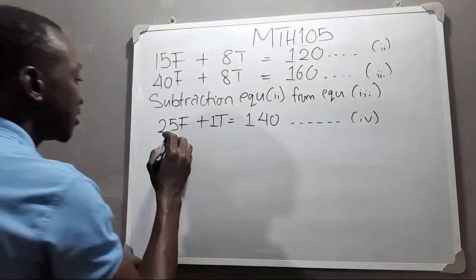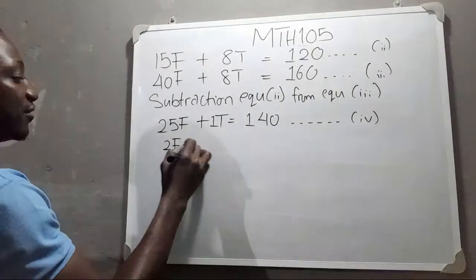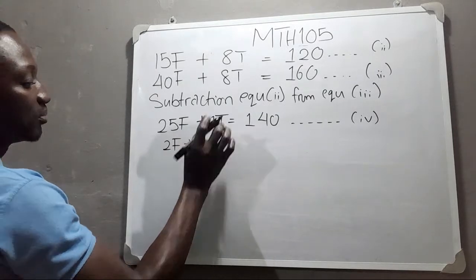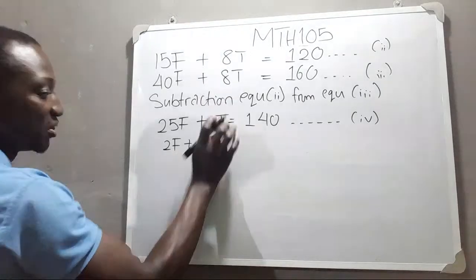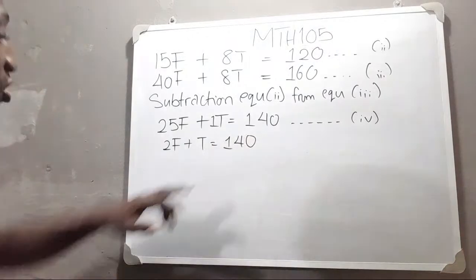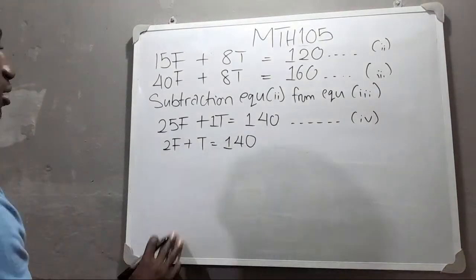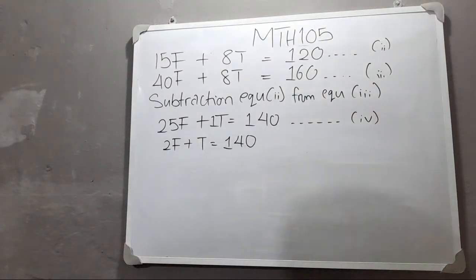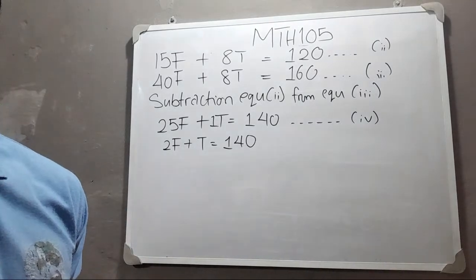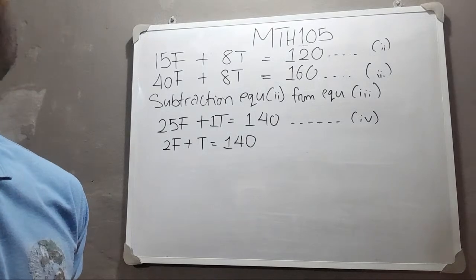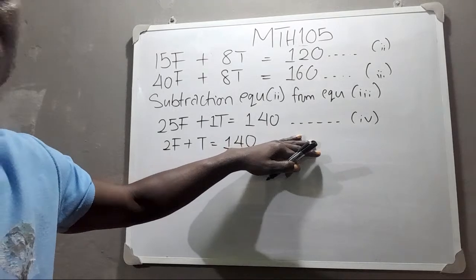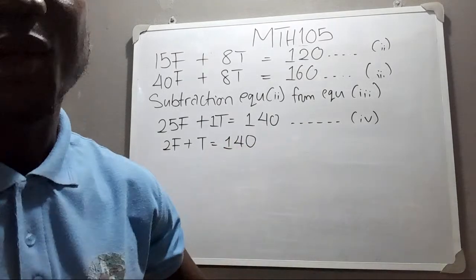So we can say 25f plus 1t, or we can say plus t, equals 140. I hope we understand up to this level. Oh, Mr. Jilla said no. Okay.